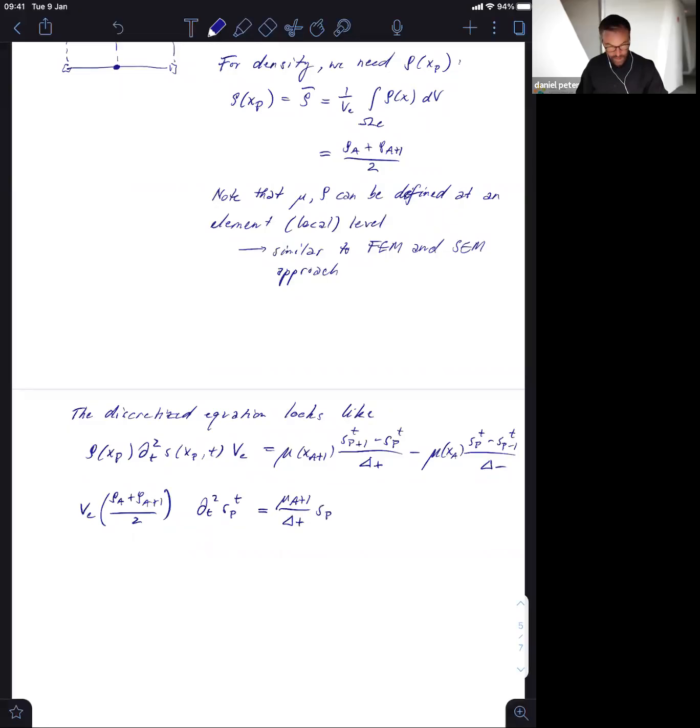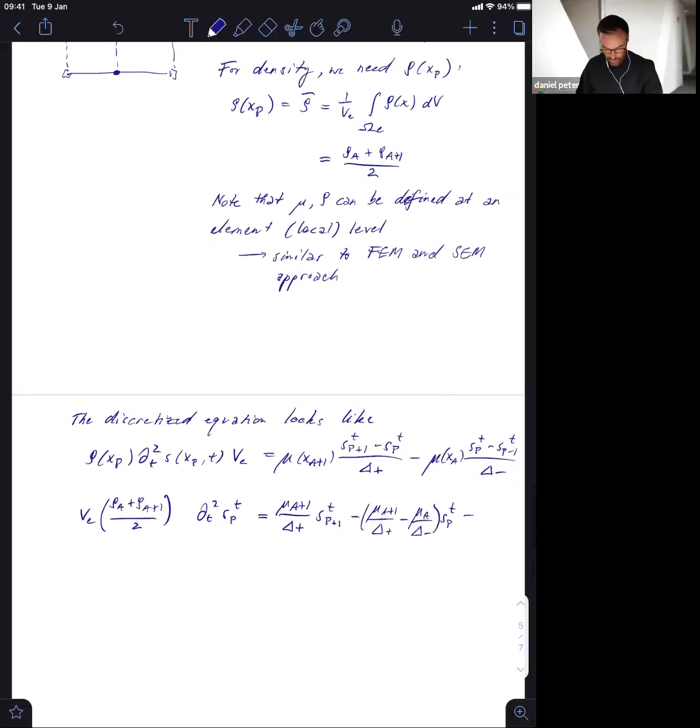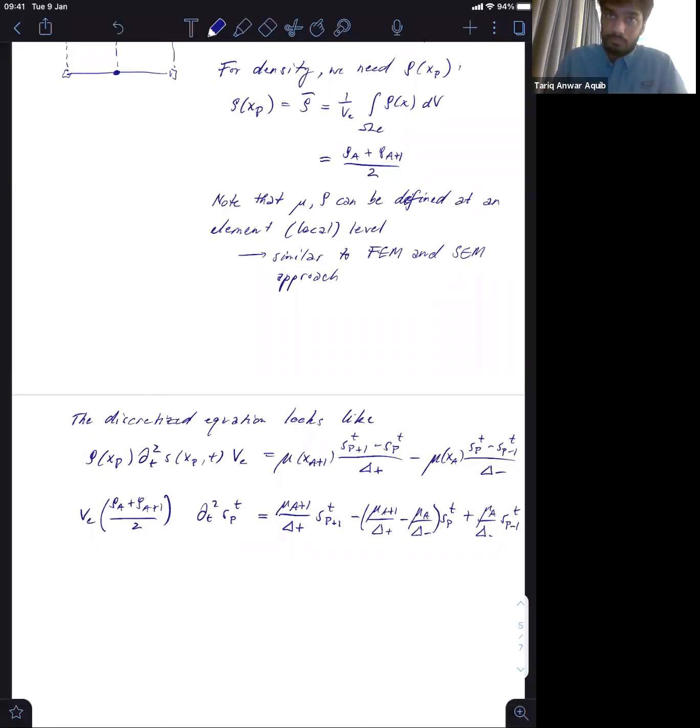We had displacement at centroid position P+1 minus these terms for the centroid position at P plus this term for the centroid position P minus 1 at time t.